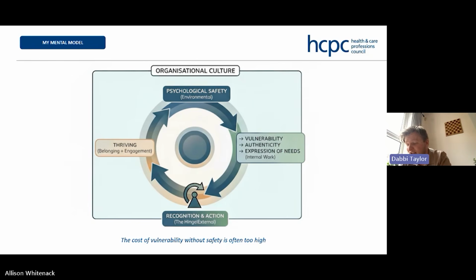So at the top there we have psychological safety, which is discussed as the environmental belief that the environment is safe to take a risk. And I think when that safety is there, or for me at least, vulnerability becomes more possible.